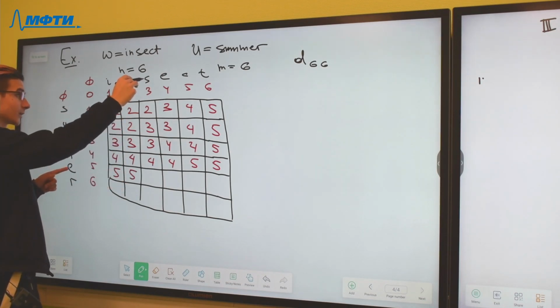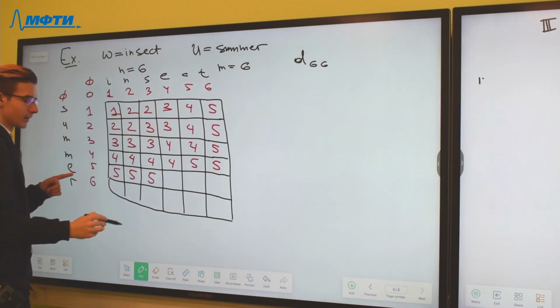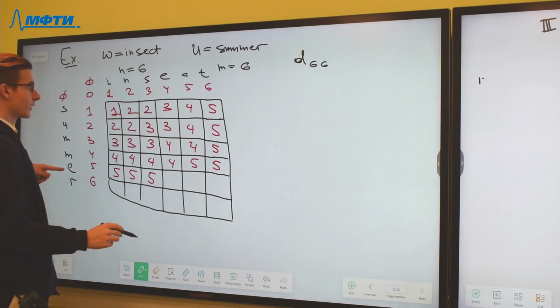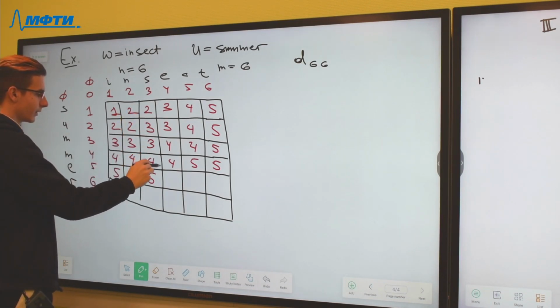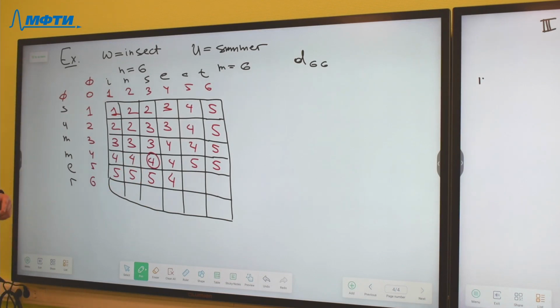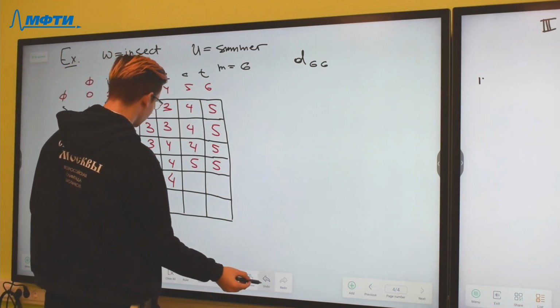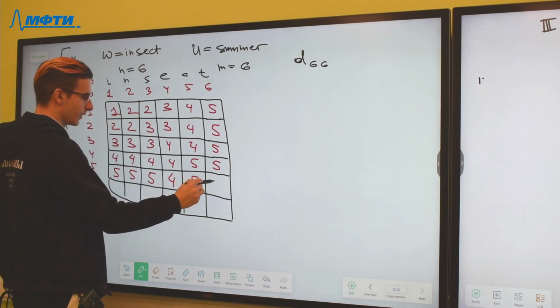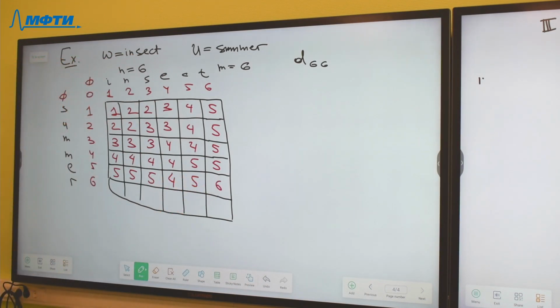Compare these characters, they are not equal. Right, here 5 too. Then we compare E and E, we can write here this number. Five, 6. Then for R, we compare these numbers and add 1.